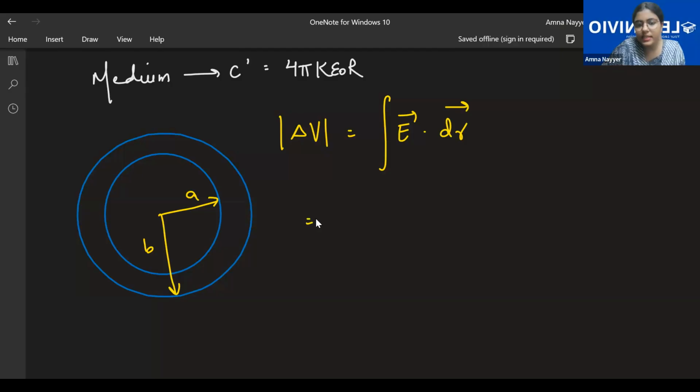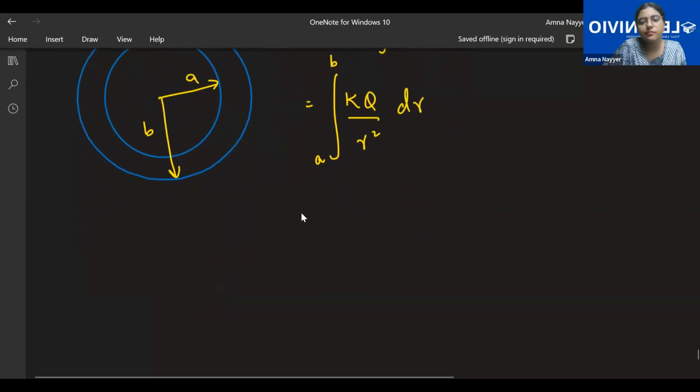When you have such questions, if the radius is given, you can put the value kq by r square for the electric field, dr will remain, and you integrate it from radius a to b. Once you integrate it, eventually your answer will be kq times 1 by a minus 1 by b.